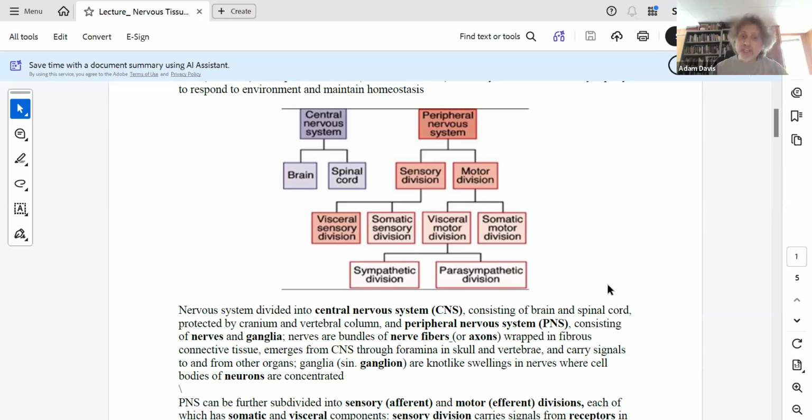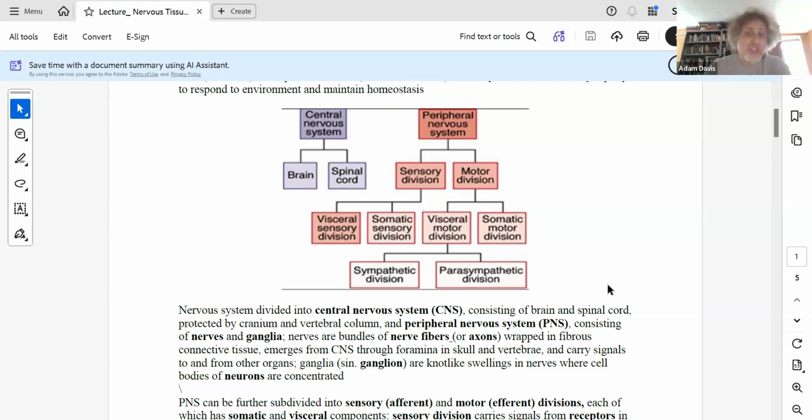The sympathetic division is going to be activated by adrenaline type hormones like epinephrine and norepinephrine. It is going to activate when you are angry, when you are excited, when you are frightened, when you are sexually aroused, in any situation in which the body needs to prepare itself for action.